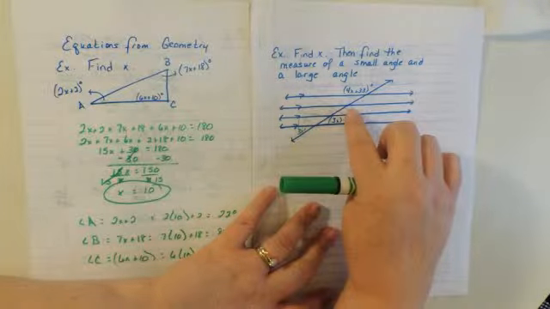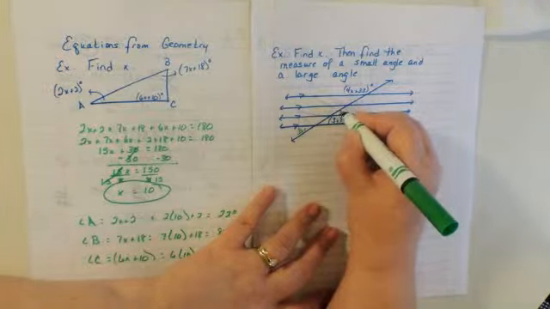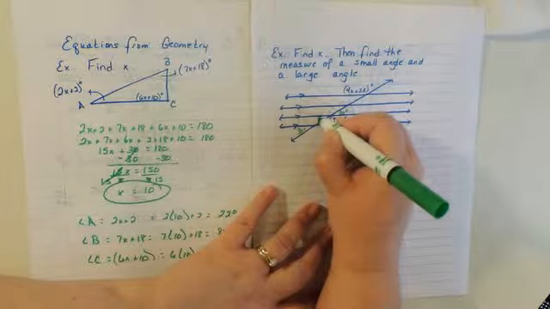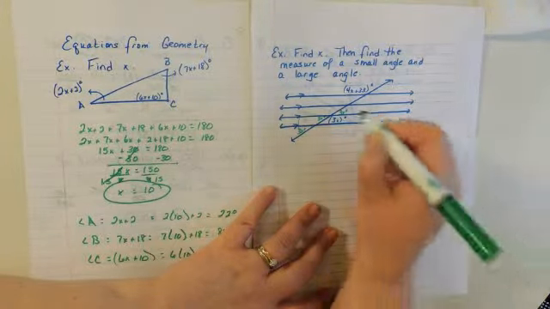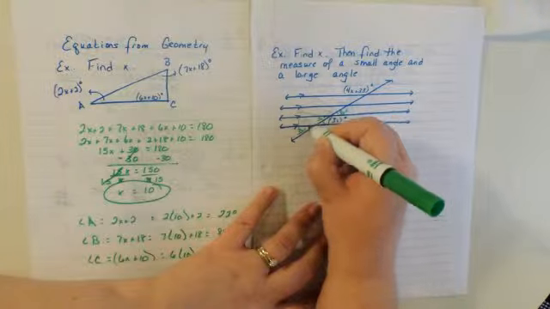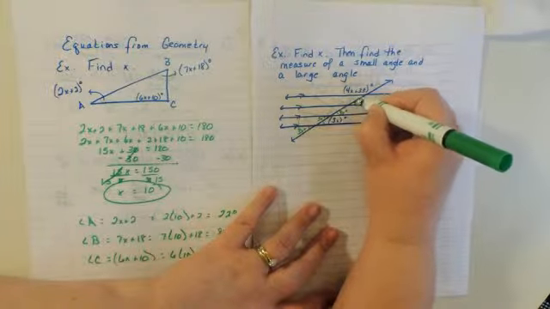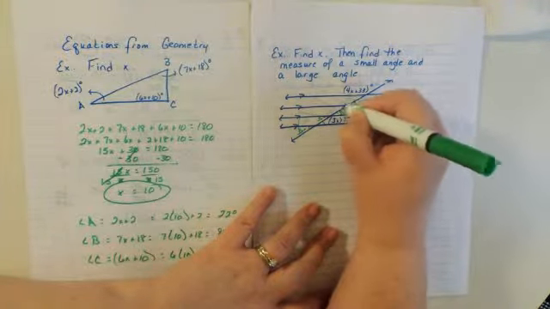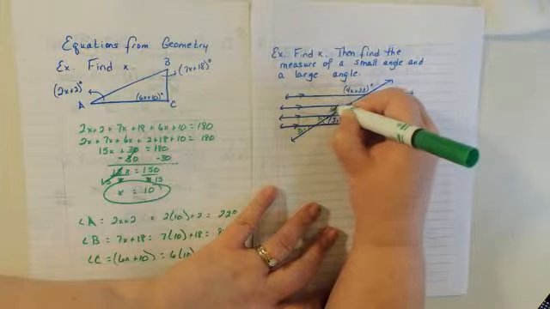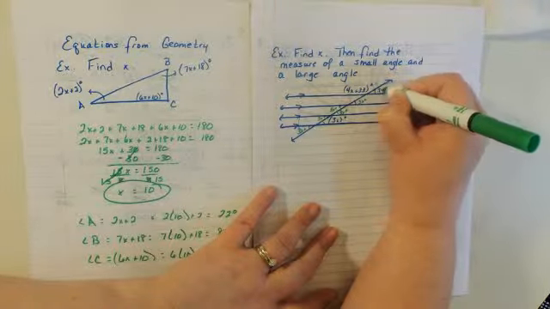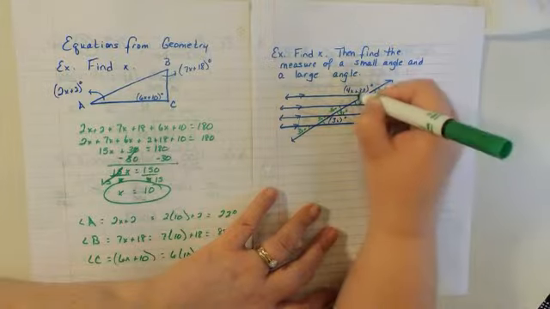If this is 3x degrees, then this is also 3x degrees. And so is this one. Right? So these little angles are all 3x degrees. And that one.